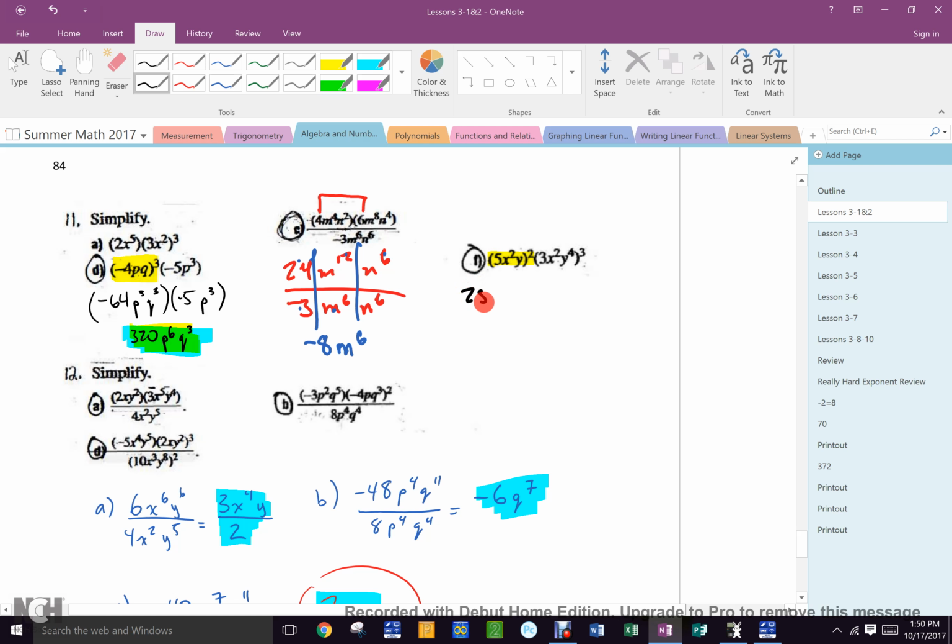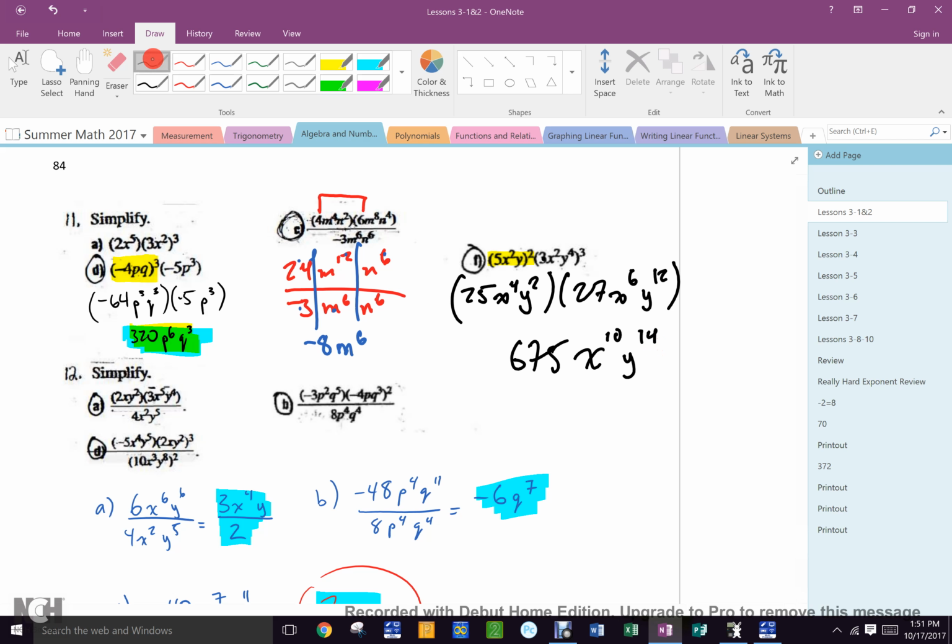Yes. 25 x to the 4th y squared. And does that 3 get cubed? Yes, so it's 27 x to the 6th y to the 12th. 25 times 27 is 675, x to the 10th, y to the 14th. Okay? Any other questions from that page?